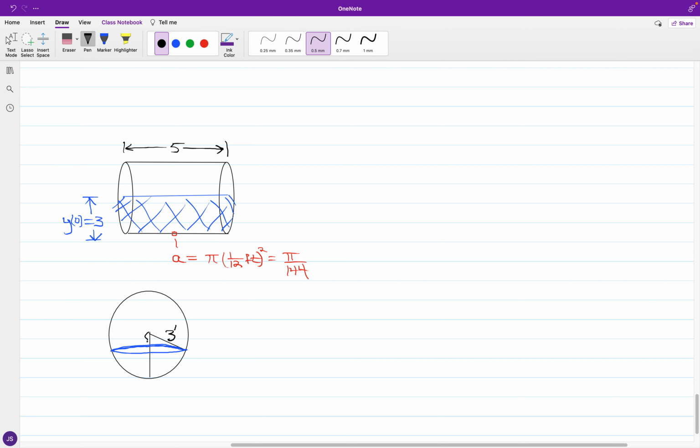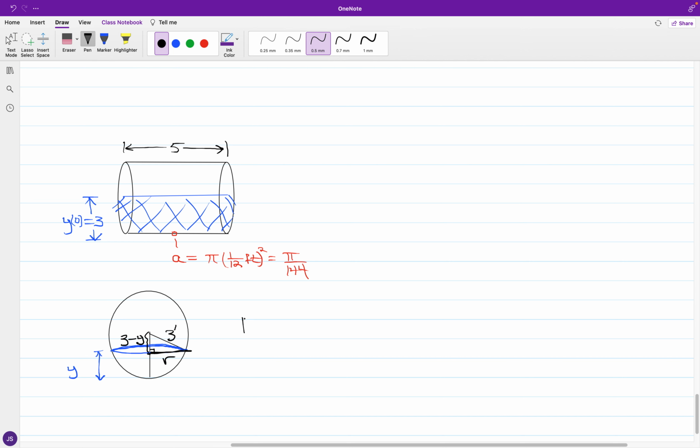For this triangular section, just the elevation: as the tank is being drained, the liquid level is no longer at 3, but changes to a different liquid level. For this leg of the triangle, we're looking at 3 feet minus the liquid level, and at the base, we have r.